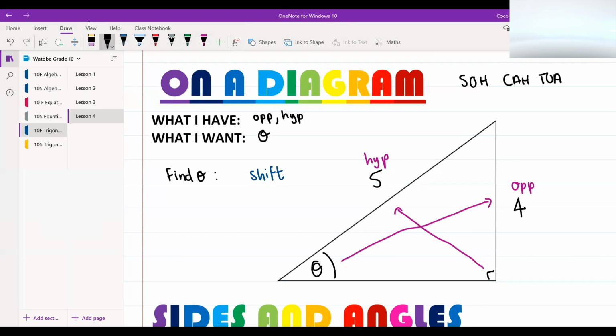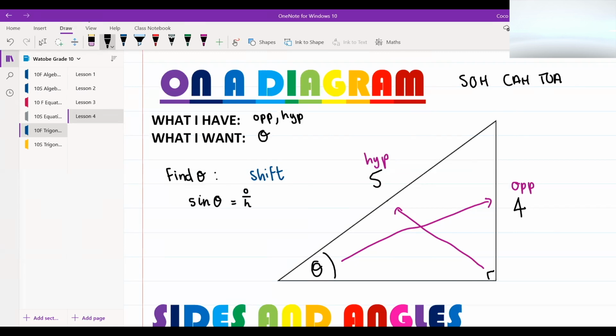All right. So what we're going to do, guys, is we're going to look at which of our three mnemonic devices, SOH, CAH, and TOA, uses the opposite and the hypotenuse. That's it, guys, the SOH, or the sine. So what we've got is sine of theta is equal to my opposite over my hypotenuse.